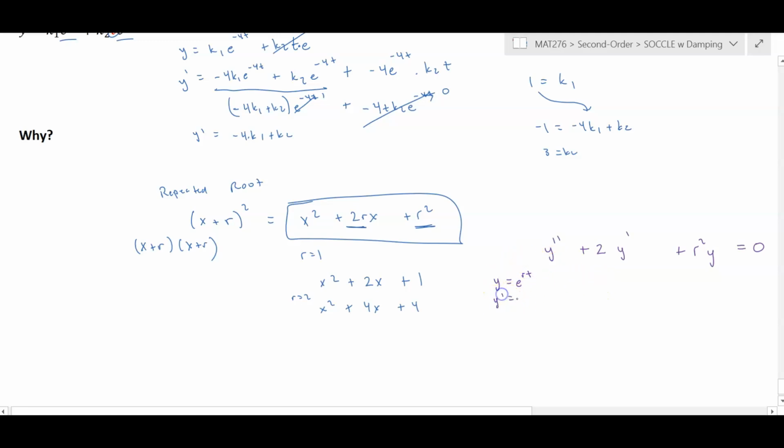The first derivative is r e to the rt, and the second derivative is r squared e to the rt. If we plug everything in, we'll get r squared e to the rt plus 2 times r e to the rt. And here we'll get plus r squared e to the rt.